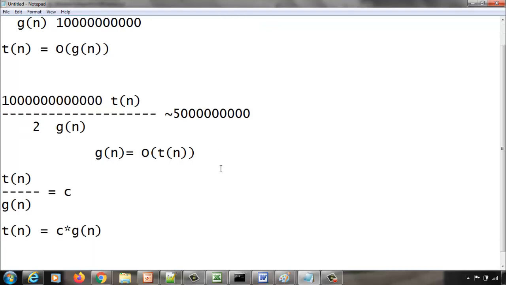So that means T of n and g of n pretty much go at the same rate, they are just differing by this constant factor in the growth rate. So we can say T of n is theta of g of n.